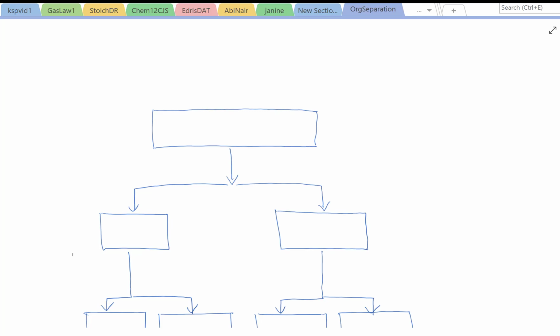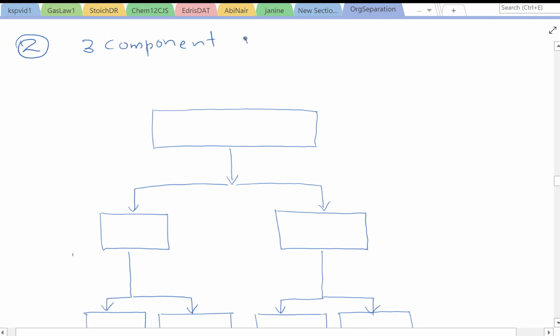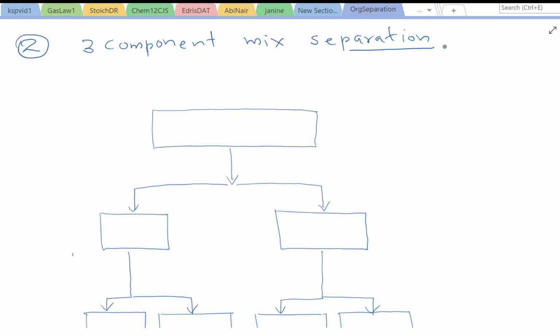So let's look at how we can do a three component mixture separation, and sometimes it can be called four component, but it's actually three component. So what are the three components we're going to get? Normally an organic acid, something like benzoic acid, an organic base, something like chloroaniline, and a neutral compound, something like naphthalene.